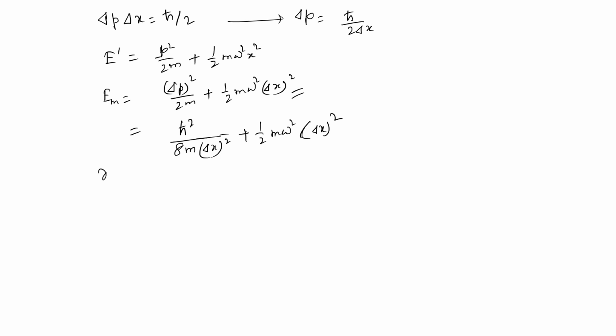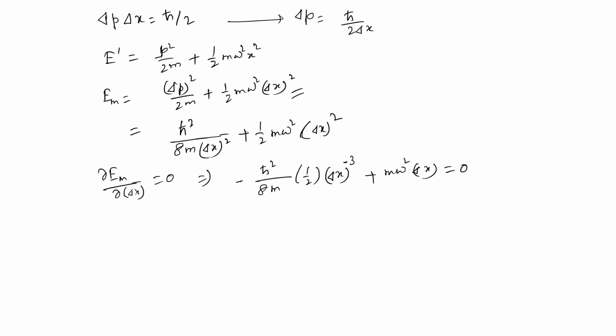For a stable minimum value the derivative must be 0, that means h cut square by 8m into minus 1 by delta x cube plus m omega square delta x equals 0.